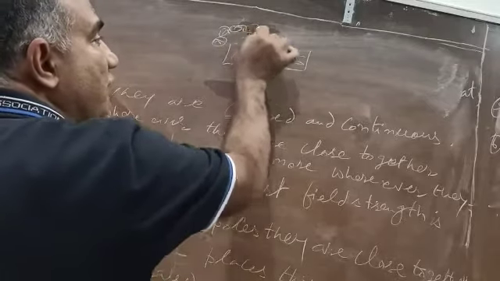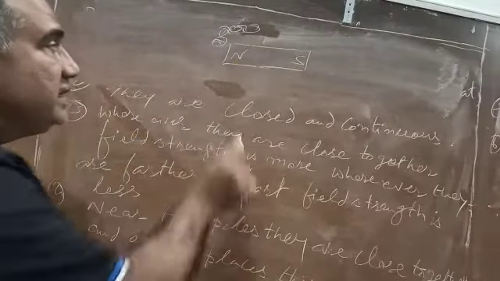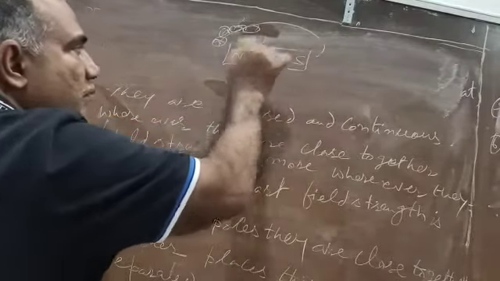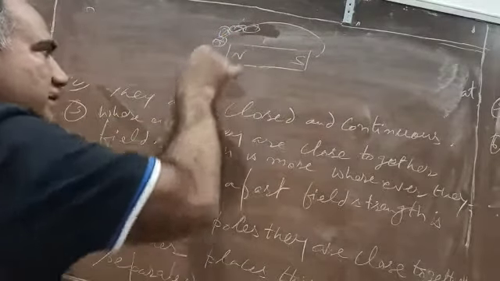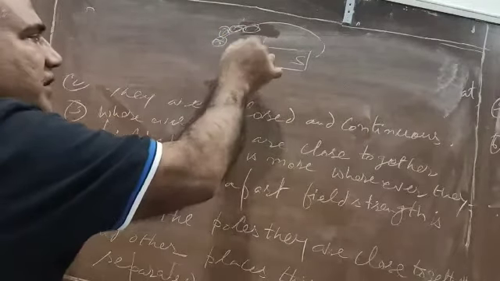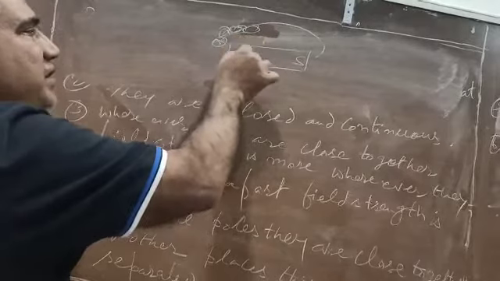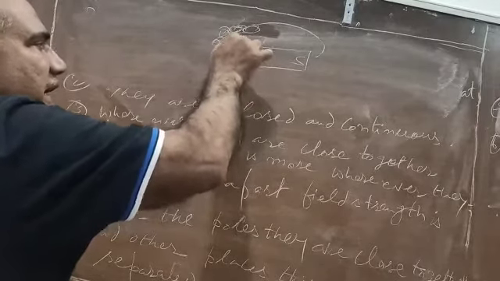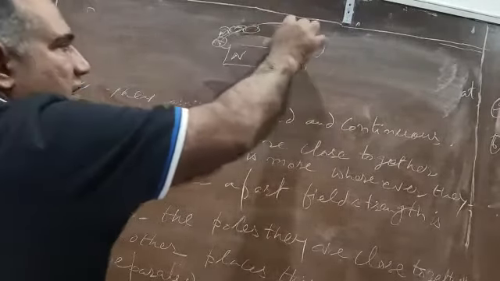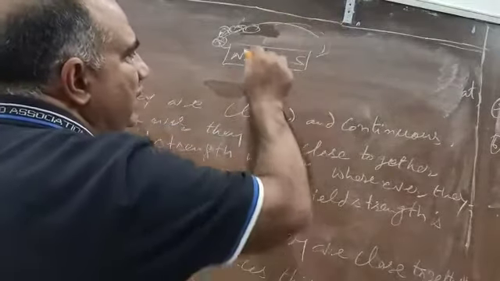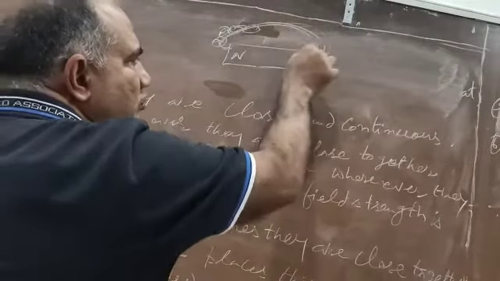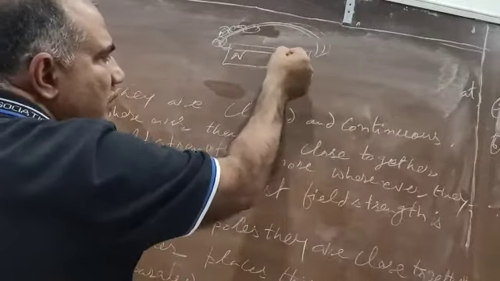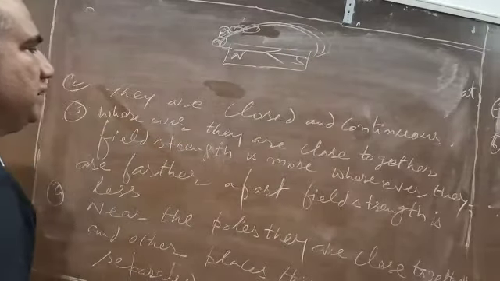That is how we define a magnetic field line, the path along which a north pole will move. So this explains why a magnetic field line emerges at the north pole and merges at the south pole. Outside they move from north pole to south pole, inside they move from south to north.